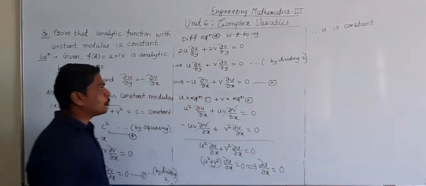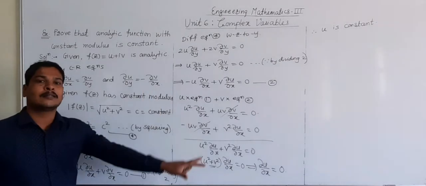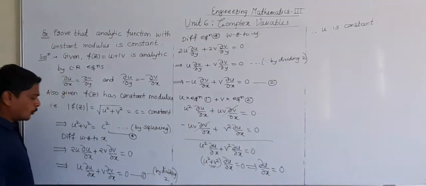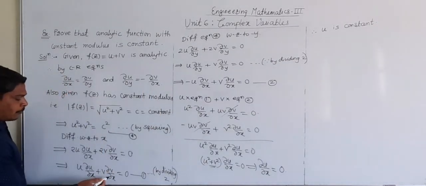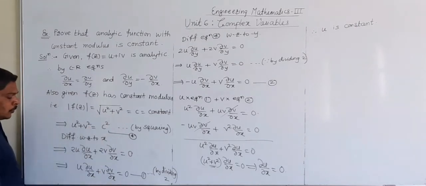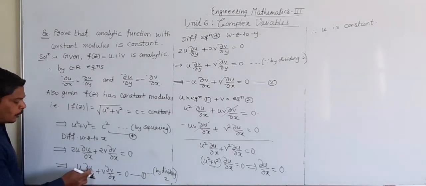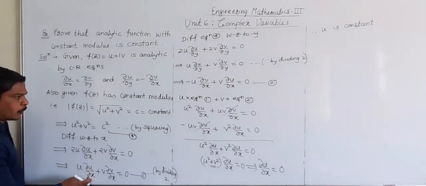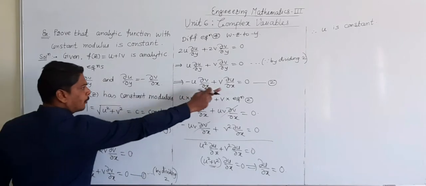Now similarly show that phi is also a constant function. For that, using equations 1 and 2, remove the term of the partial derivative of u with respect to x. For that, check the coefficient of the partial derivative of u with respect to x in equation 1 and in equation 2.